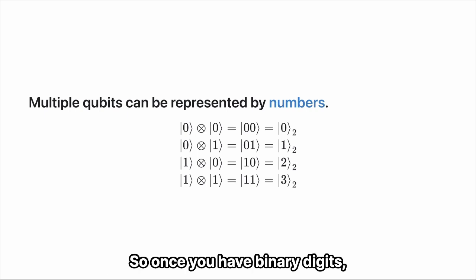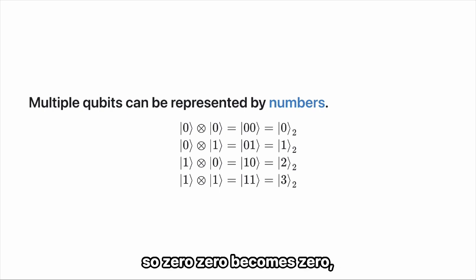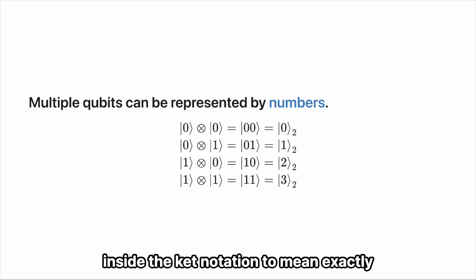Once you have binary digits, you can represent those digits as a natural number. So 0,0 becomes 0, 0,1 becomes 1, 1,0 becomes 2, and 1,1 becomes 3. So you can write a natural number inside the ket notation to mean exactly what you mean by the tensor product.